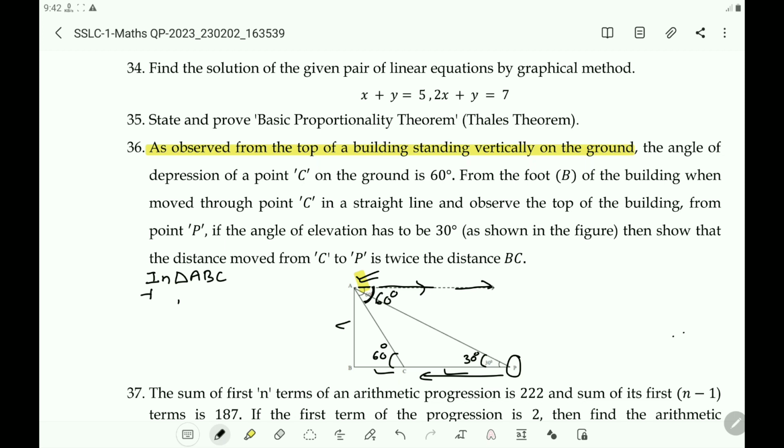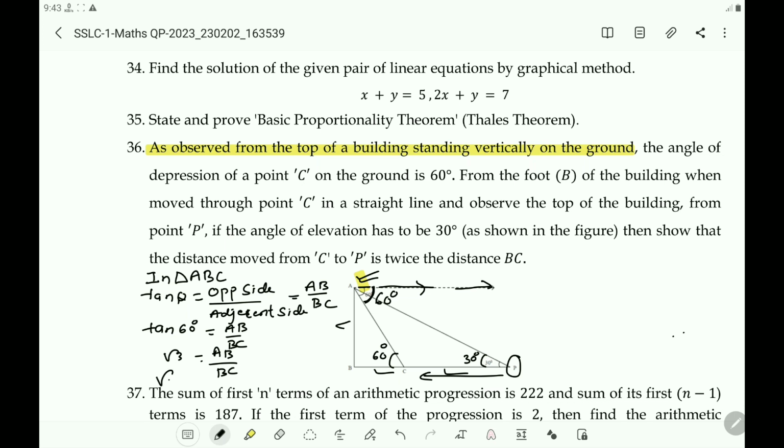Then you write tan theta is equal to opposite side by adjacent side, which is equal to AB by BC. Tan theta is tan 60 degree. Tan 60 degree equals AB by BC. Tan 60 degree is root 3 equals AB by BC. So root 3 BC equals AB.